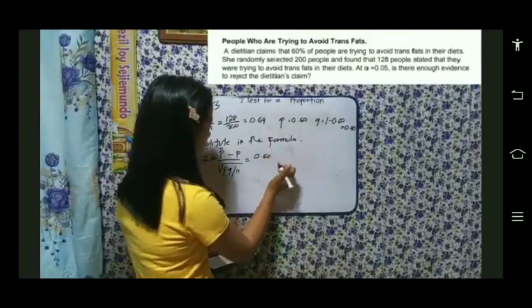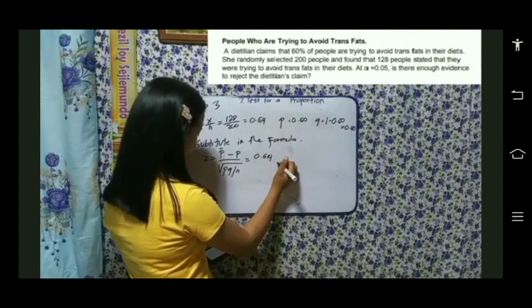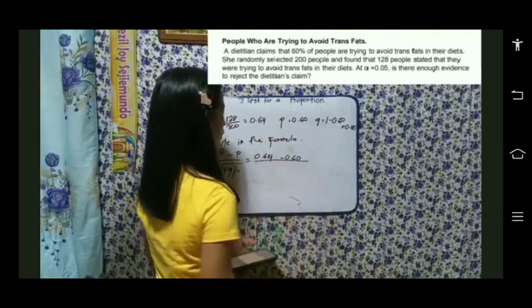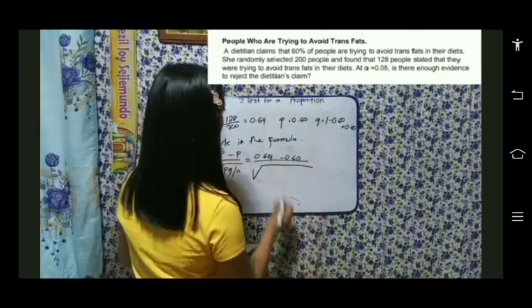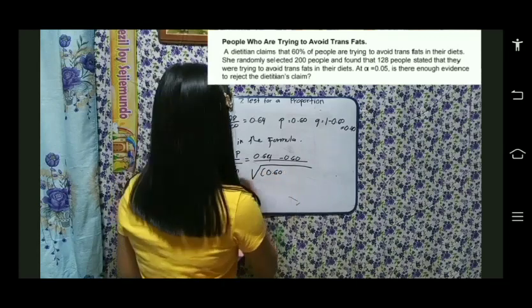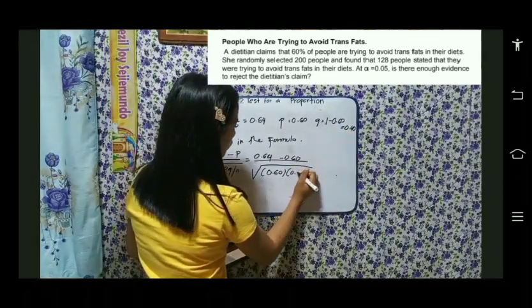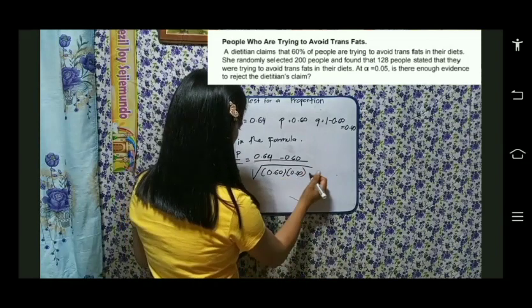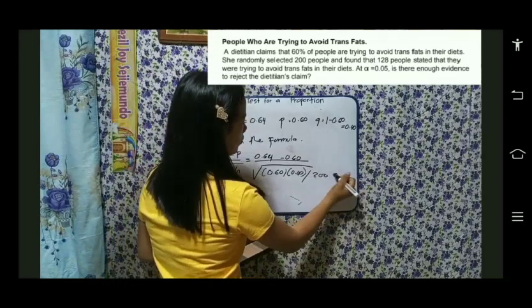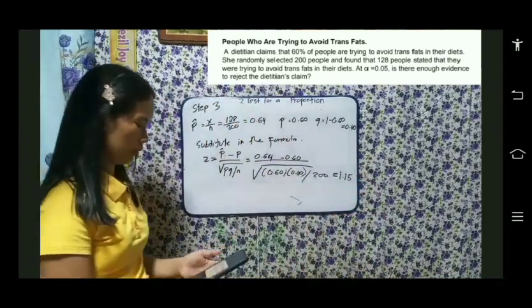So 0.64 minus p, 0.60, over the square root of p, 0.60, and the q is 0.40, over 200. 200 is n. So equals 1.15. So this is step 3.